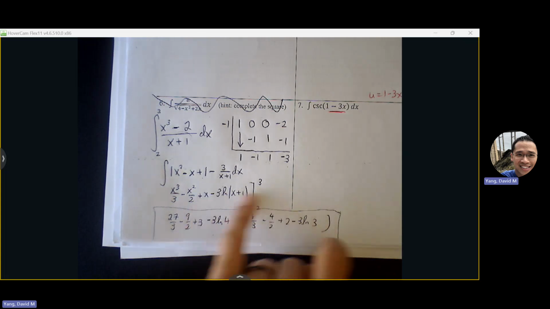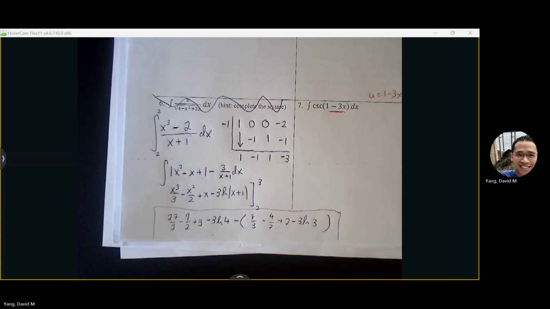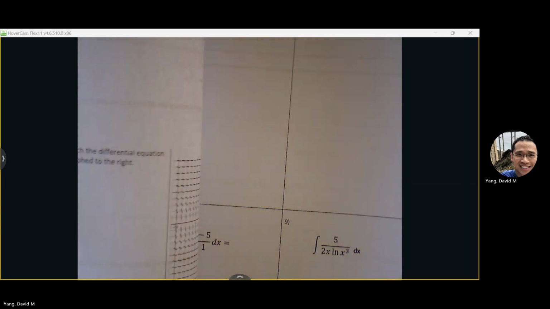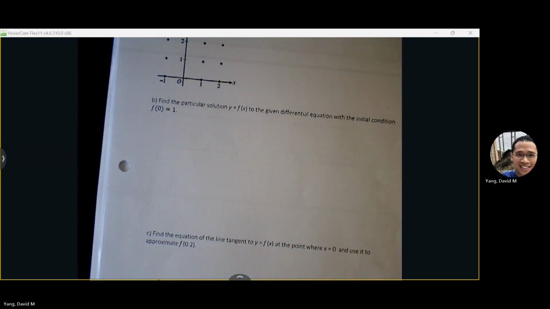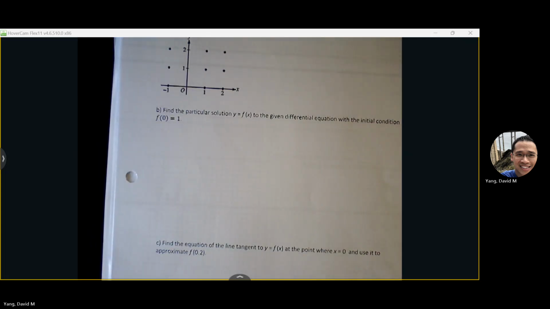You don't have to clean anything up once you plug in your upper and lower bounds. Any questions?